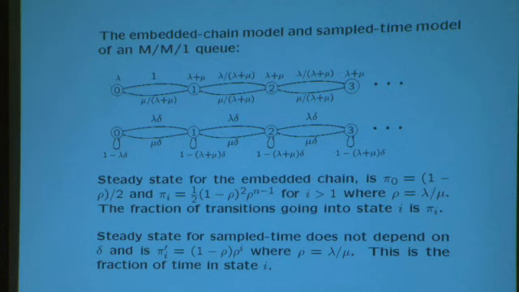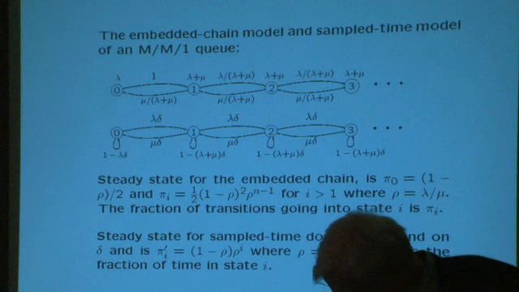So the steady state probabilities in the embedded chain and the steady state probabilities in the sample time approximation are different, and the steady state probabilities in the sample time approximation are the same when you go to the limit of infinitely fine sample time. Now what we have to do is go back and look at renewal theory and all of that and actually convince ourselves that this works.